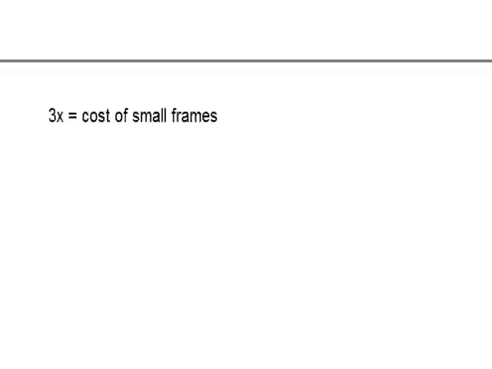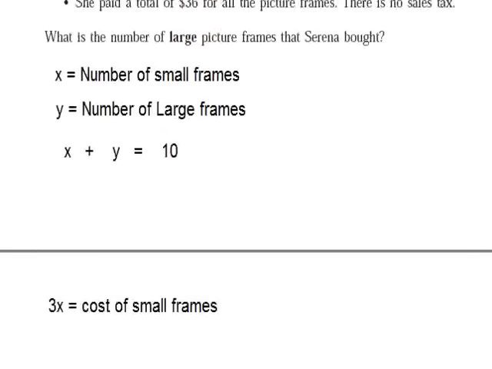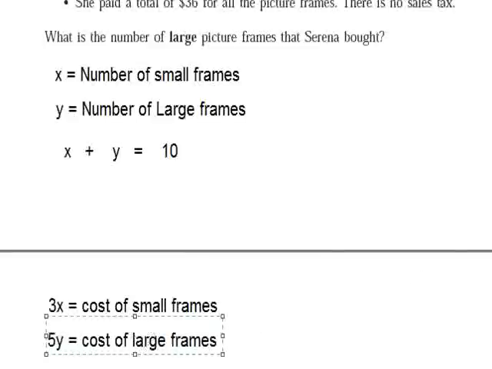And what else do we know? Well, the large picture frames cost $5, so 5 times Y, or 5 times the number of large picture frames we have, is going to be the cost of the large picture frames. Right?